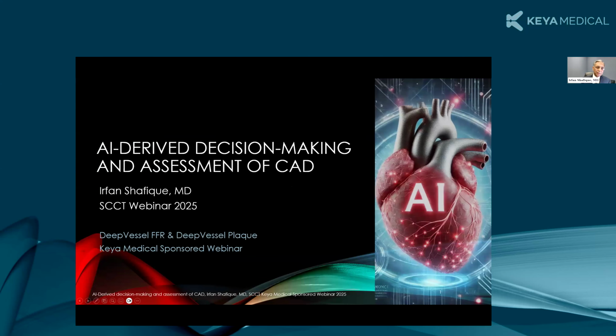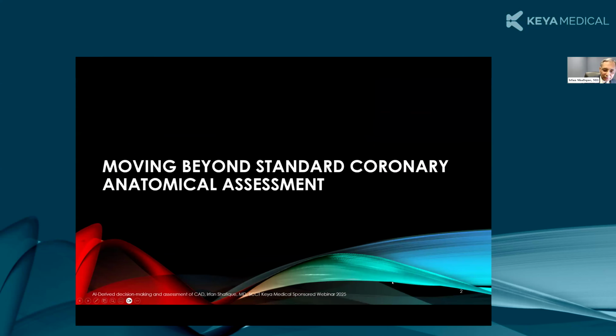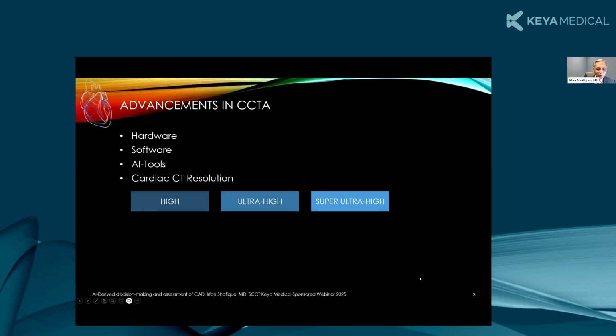All right, so today's topic is AI-derived decision-making and assessment of coronary artery disease. As you know, in the last decade there has been significant advancement in CT hardware, with manufacturers moving from multi-detector scanners to dual source scanners and spectral CT scanners, and recently the admission of photon detector CT scanners has significantly improved the imaging world.